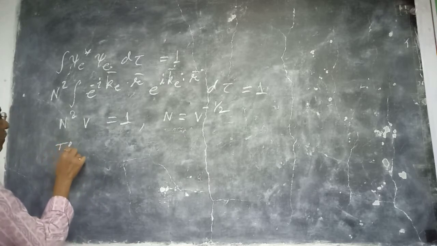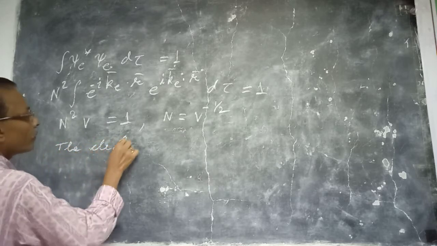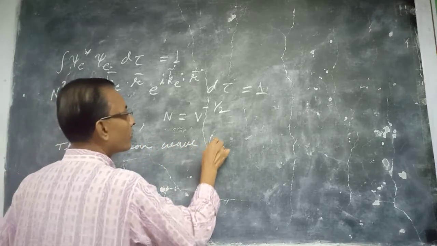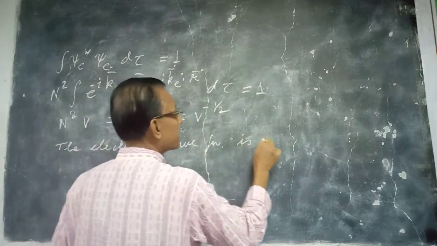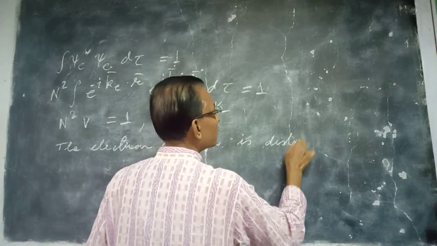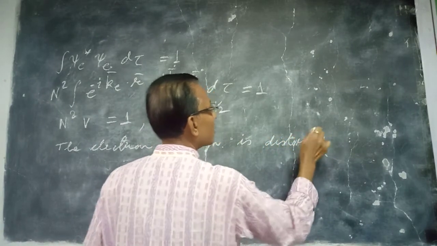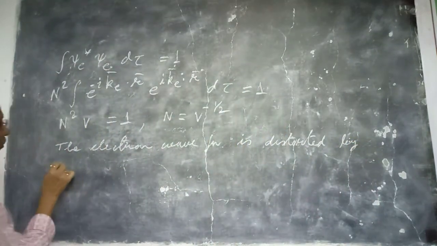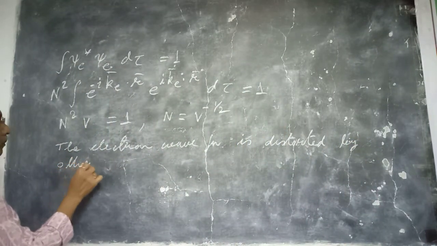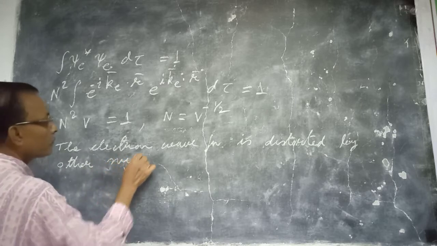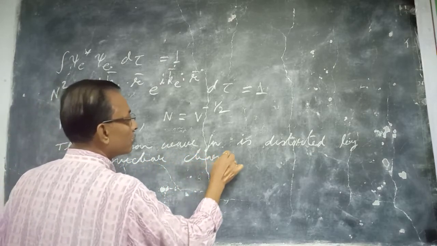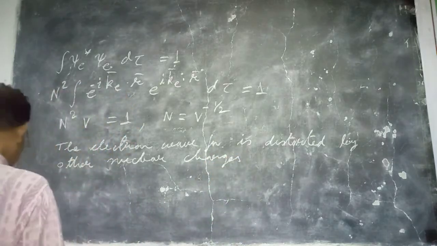The electron wave function is distorted by the nuclear charges or by the atomic electrons.